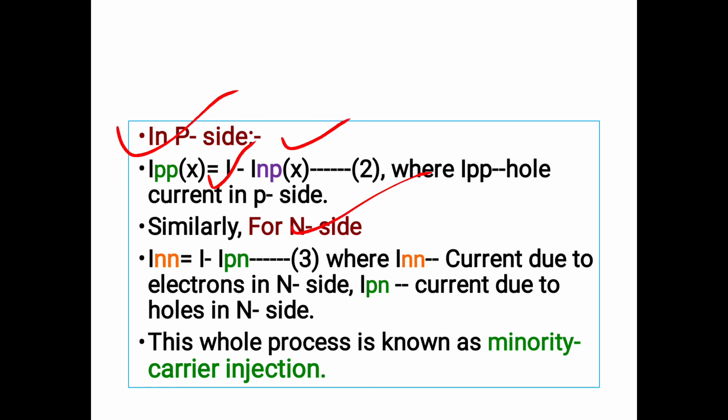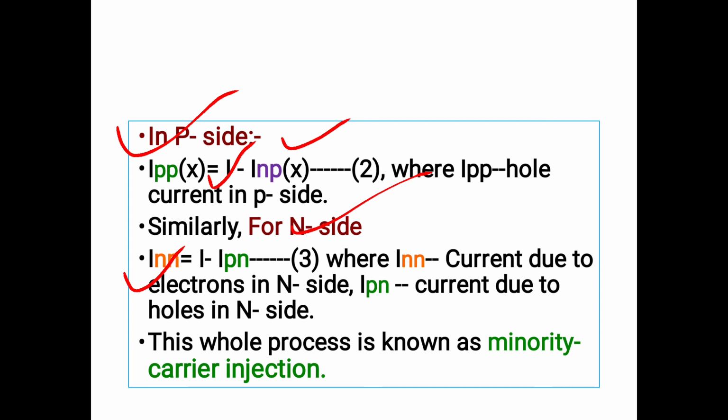In the N side, the current due to electrons is equal in magnitude but opposite in direction to IPN, which is the hole current in the N side. So the current due to electrons in the N side should decrease as it moves away from the junction to maintain the constant current I.